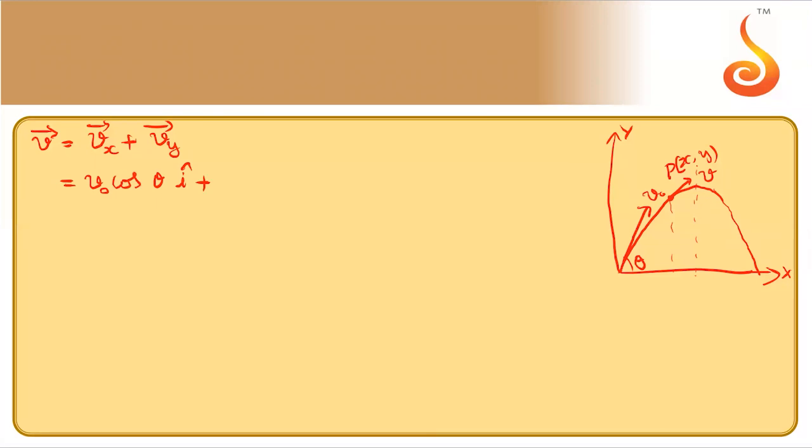Plus, in the y direction, there is acceleration. There is only one acceleration acting, that is acceleration due to gravity. So in the x direction, there is no acceleration. So for vy, I can write v0 sin theta minus g t into j cap.